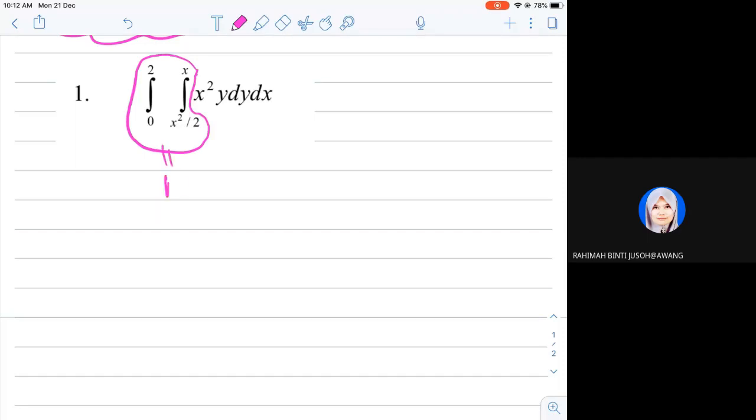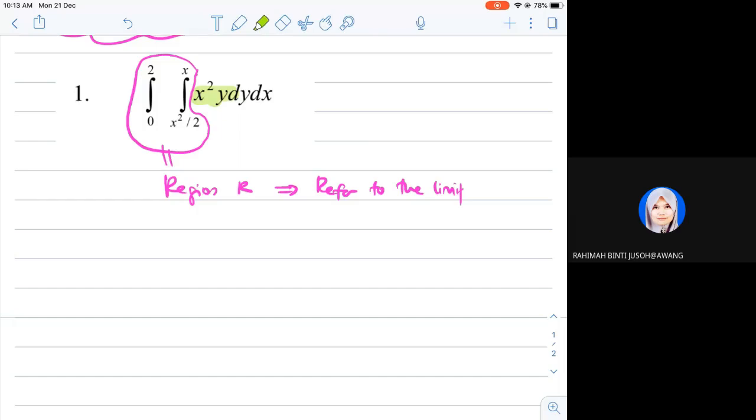Okay, this is your region R. So in order to sketch the region, you have to refer to the limit, not this function in the middle. Just refer to the limit. So the limit represents region R. You have to bear in mind with that.